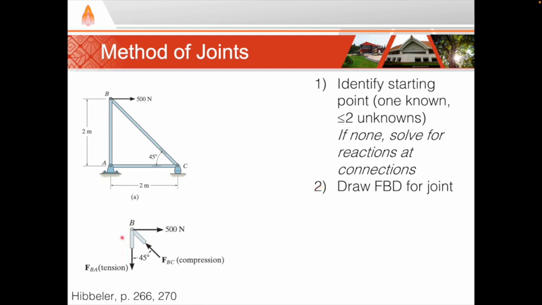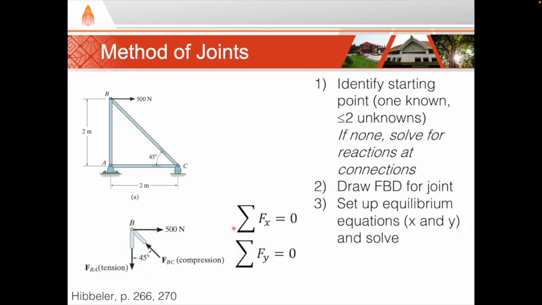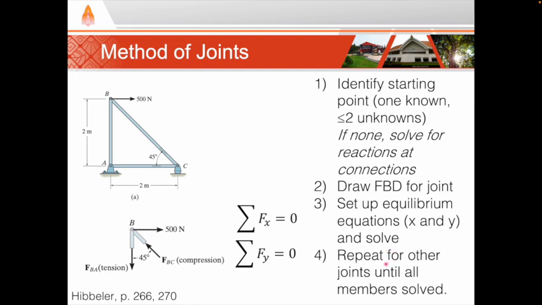Draw the X and Y axes in a way that makes the problem easiest. Third, set up the equations for equilibrium using the X and Y axes, and then solve. Once the forces are known, move on to another joint and repeat until the forces in all the members have been solved.